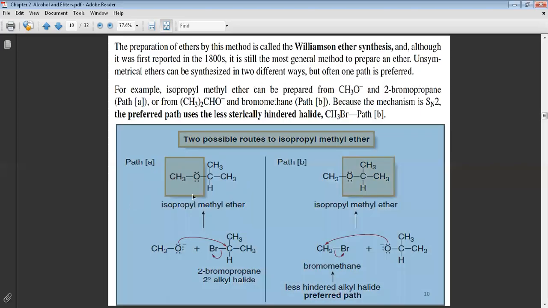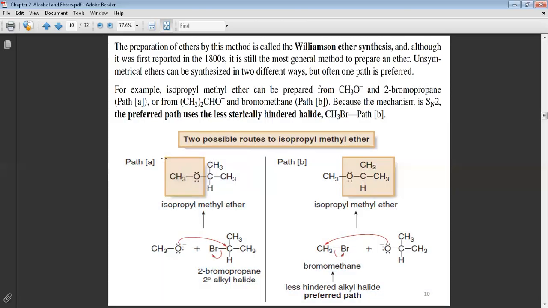This part will be the base and this part the alkyl halide, or the reverse. He said it like this. That means there are two possibilities. Okay, we have two choices.